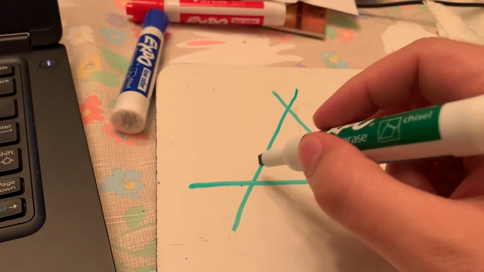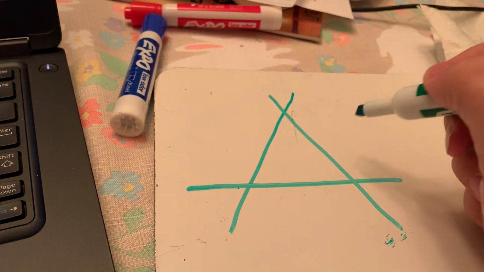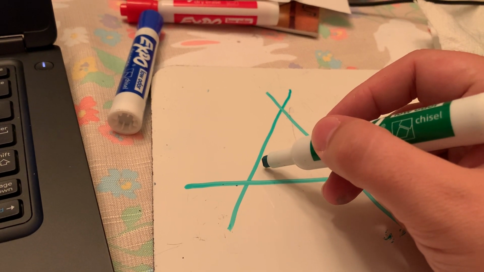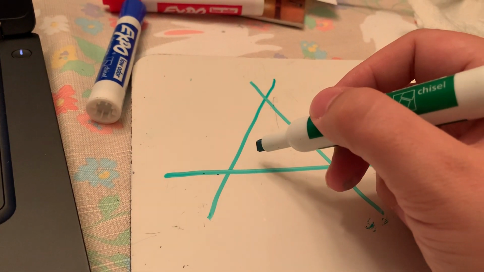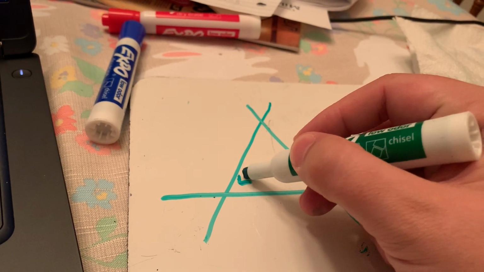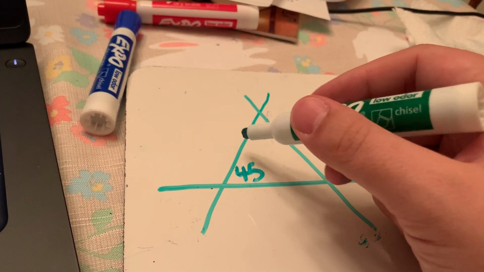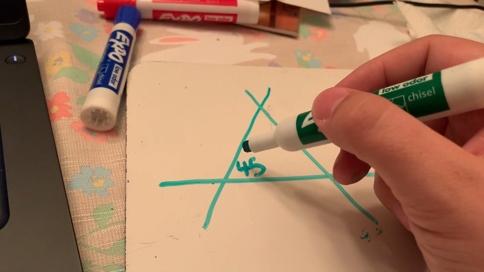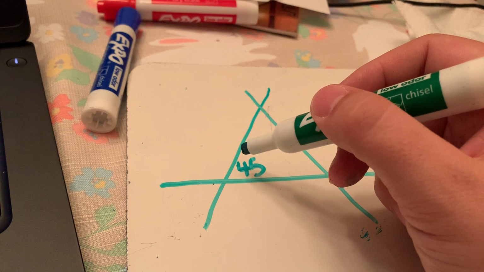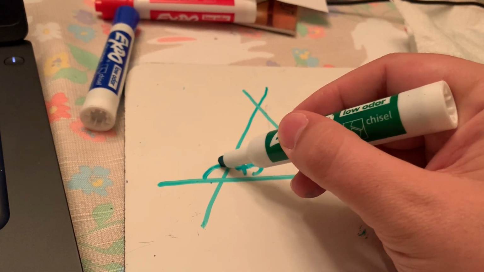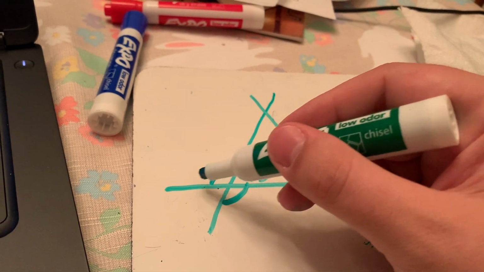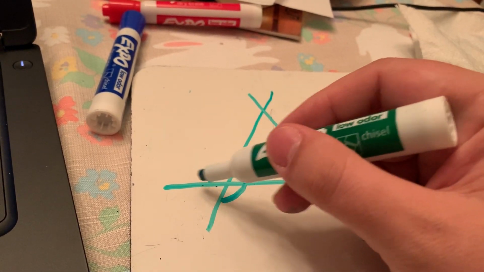So, for example, let's just say it's an equilateral triangle, all right? Well, let's even say it's not, to make it easier for ourselves. So let's say that this is a 45-degree angle. If this is a 45-degree angle, this angle forms a line with 45 here.